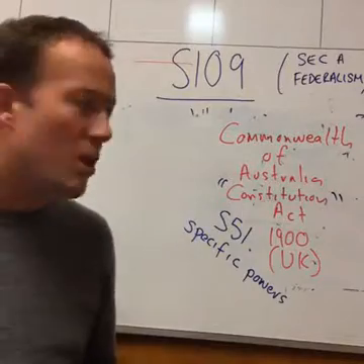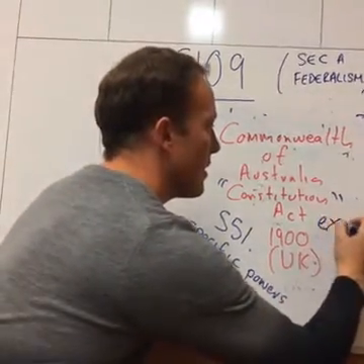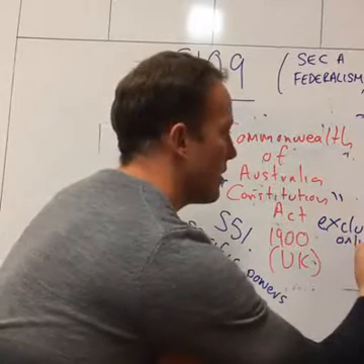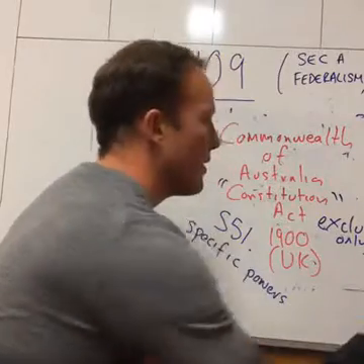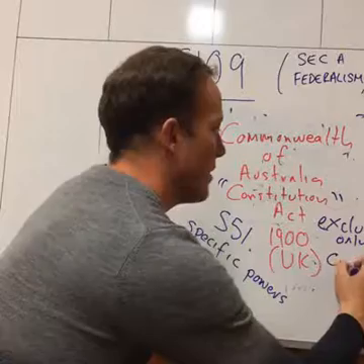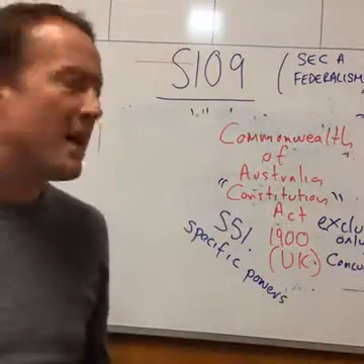Some of those only the Commonwealth can make laws on, and they're called exclusive powers. So that's only the Commonwealth. All the others are called concurrent, and that's both the Commonwealth and the states can make laws on those.